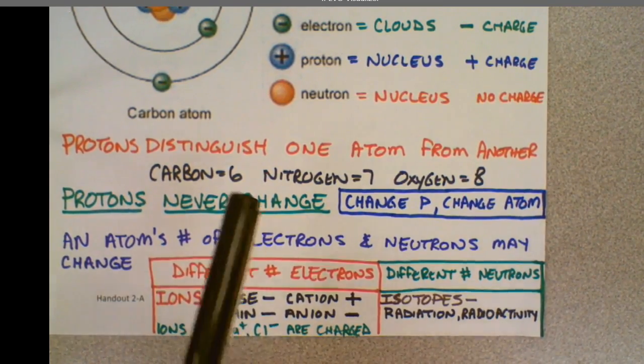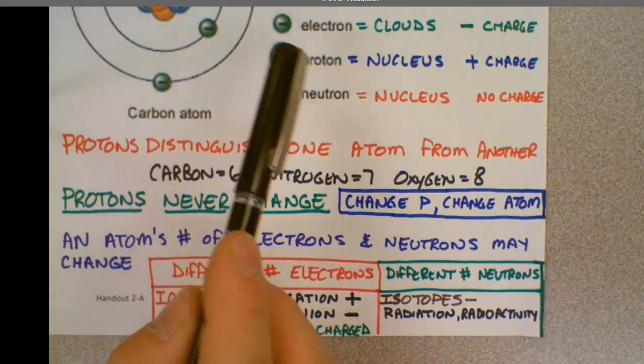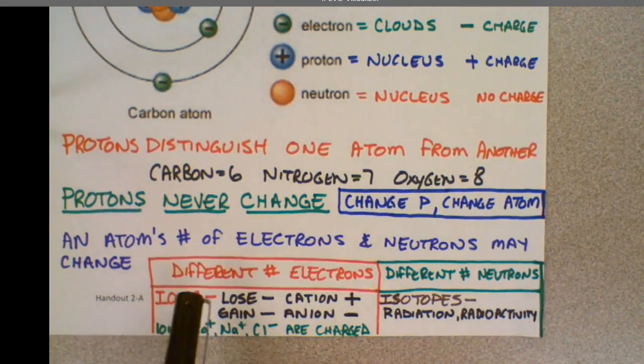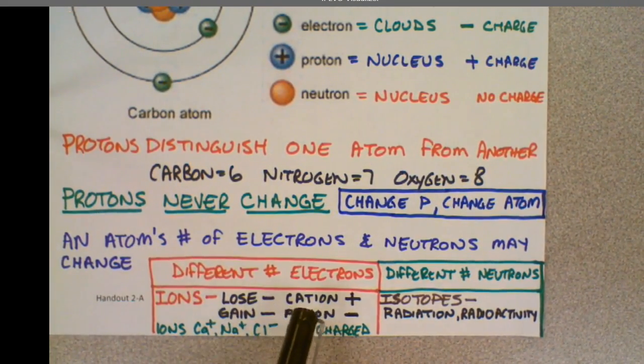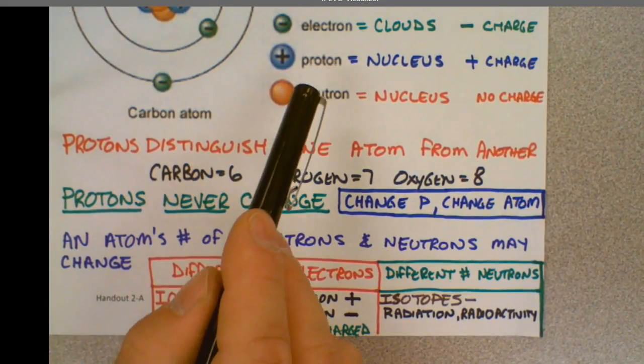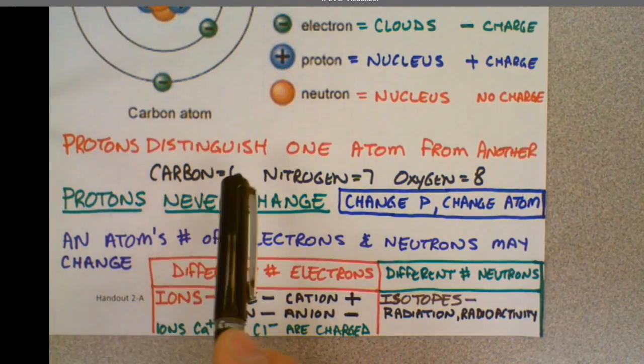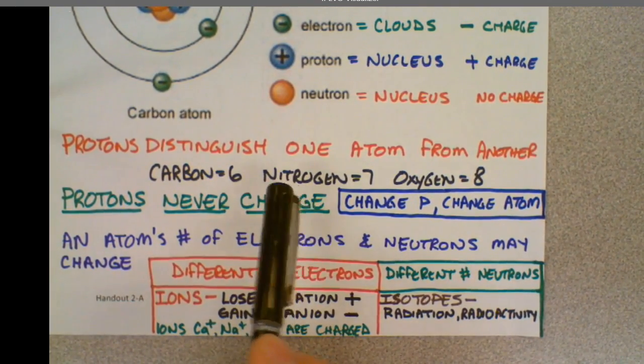Well, the same thing happens if we take away an electron. Let's say we lose an electron. If we lose an electron, we become more positive because now we have more protons than electrons. Remember, we can't get rid of protons. If we get rid of a proton, we change the atom.